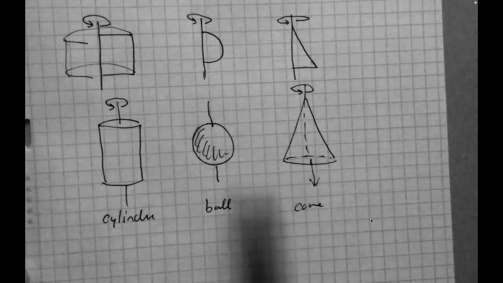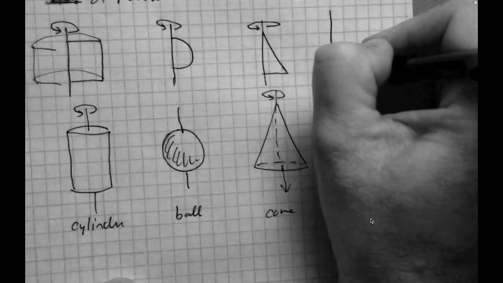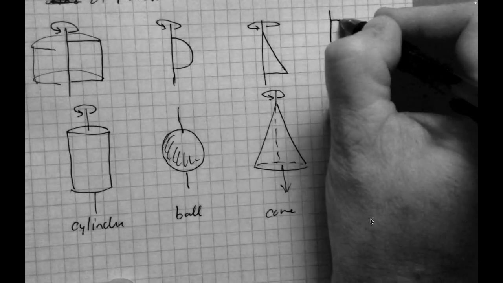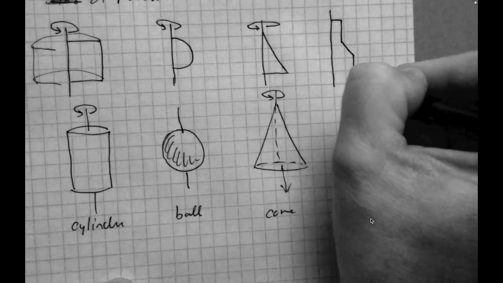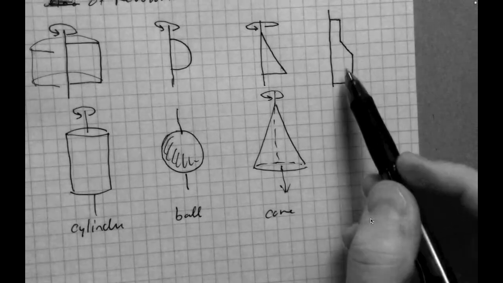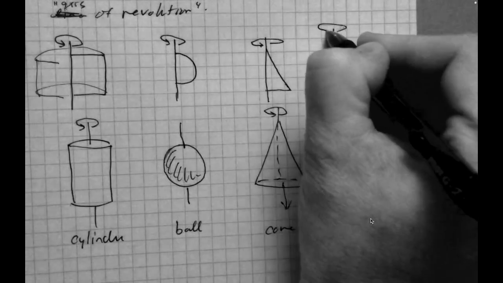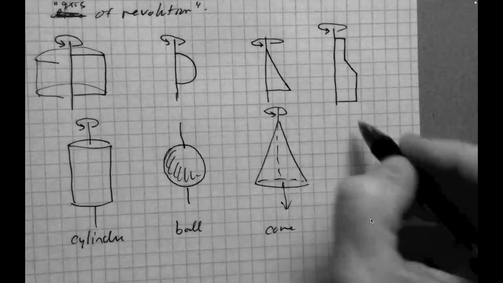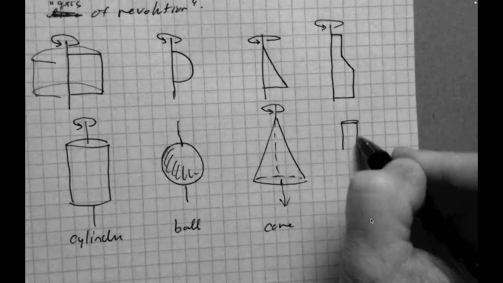And then, of course, these are just the basic shapes, but you could do something really complex. Maybe I start with something more complex. I go like this, and then like that, and then like that. It's not a rectangle or a triangle or semicircle, it's something in between. But if I rotate that around this axis, then what I would expect to see is something that looks a bit like a bottle.